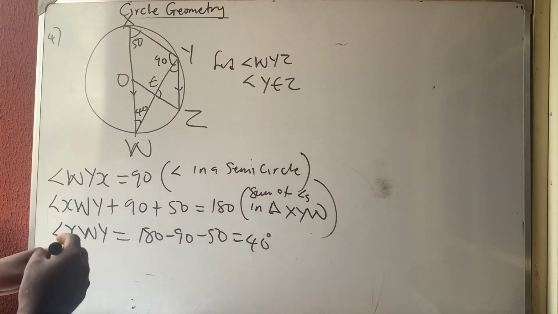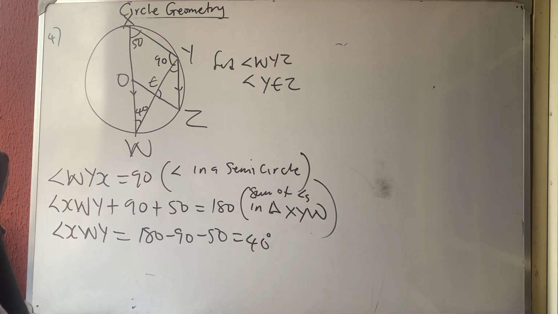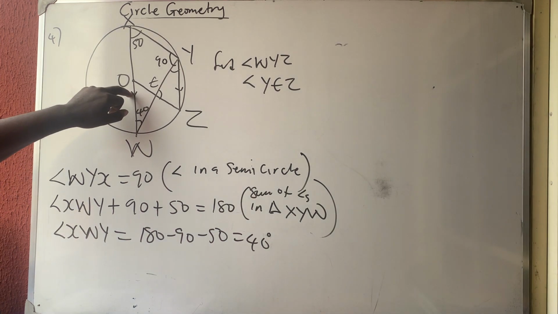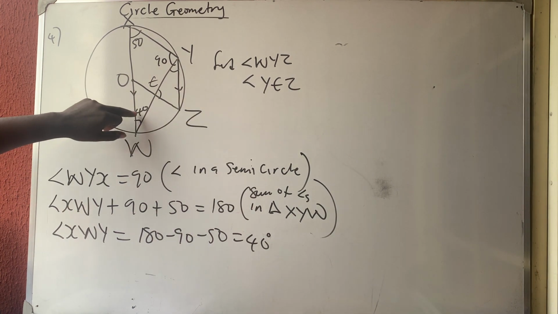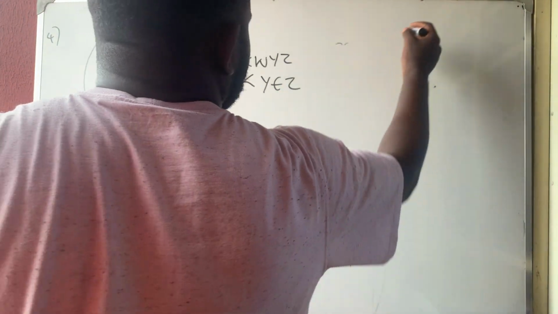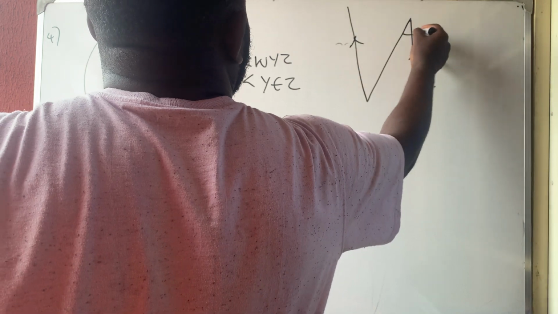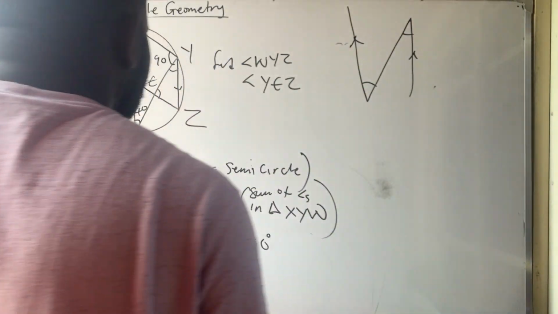I've gotten here to be 40 degrees. If here is 40 and this line is parallel to this line, automatically here is 40. If you have parallel lines that form a Z like this, this is equal to this, and it is called alternate angles.